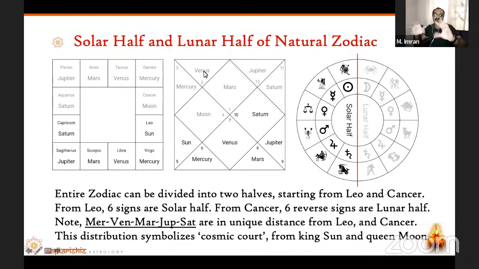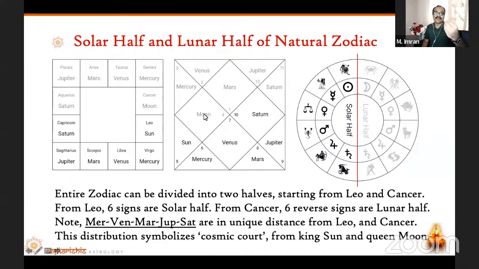Of course, this is a natural zodiac calculation. Counting from Leo, the Sun, the house of Mars, Scorpio, is four signs away. Counting from the Moon, again the house of Mars is four signs backward. A 4-4 relation for Mars, a 3-3 relation for Venus, a 2-2 relation for Mercury. Counting from Leo, the house of Jupiter, Sagittarius, is five signs forward.